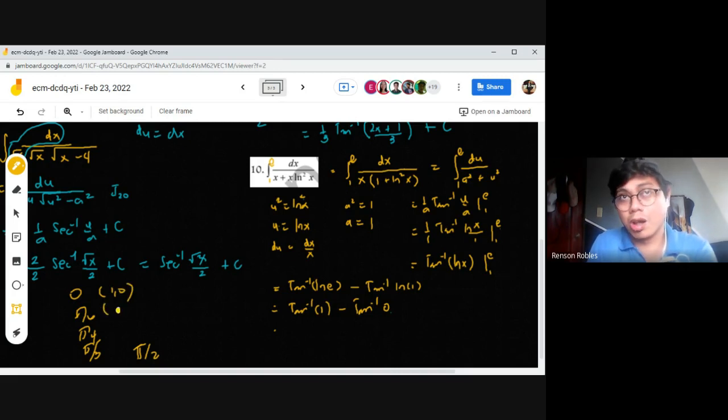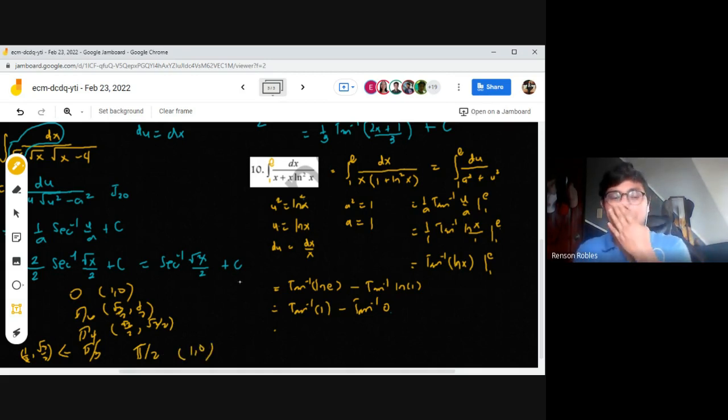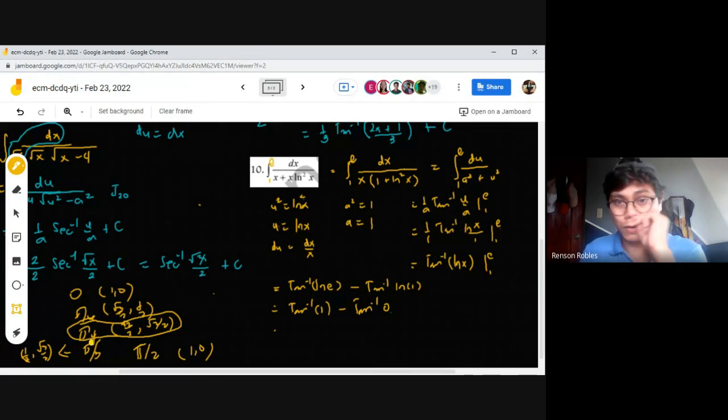Dito, square root of 3 over 2, 1 half. Dito, square root of 2 over 2, square root of 2 over 2. Sa pi over 3, that's 1 half, square root of 3 over 2. Sa pi over 2, 1, 0. Saang angle dyan equal yung sine and cosine? Diba dito sa pi over 4, they are both square root of 2 over 2.